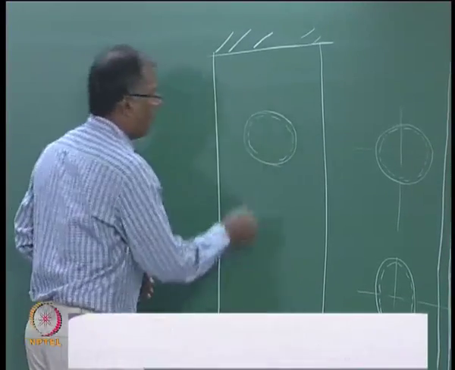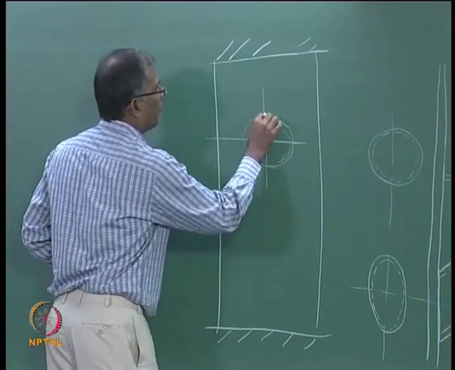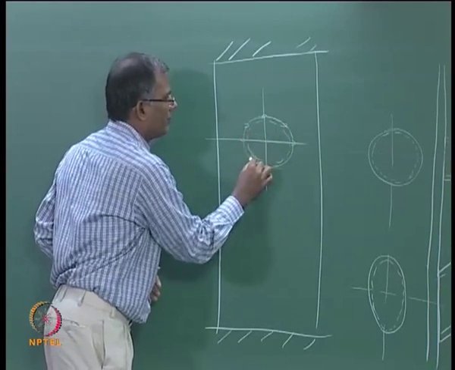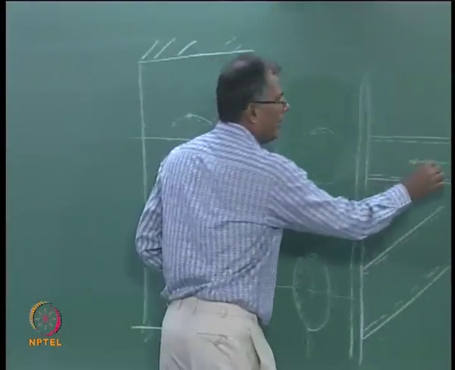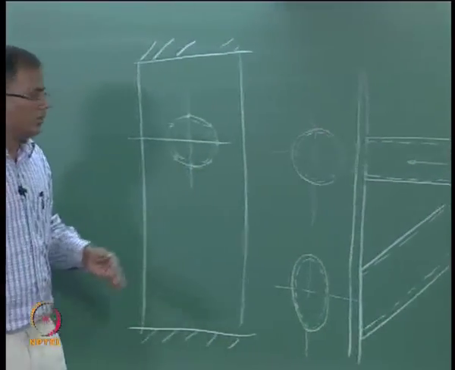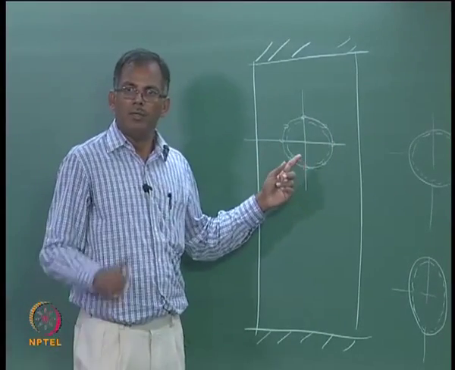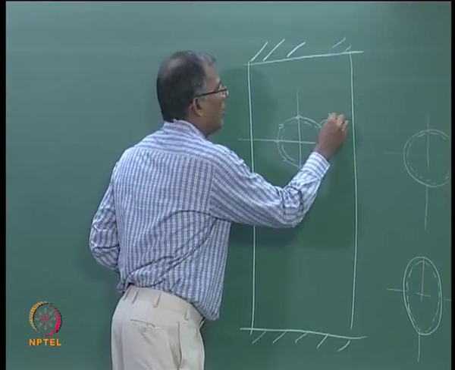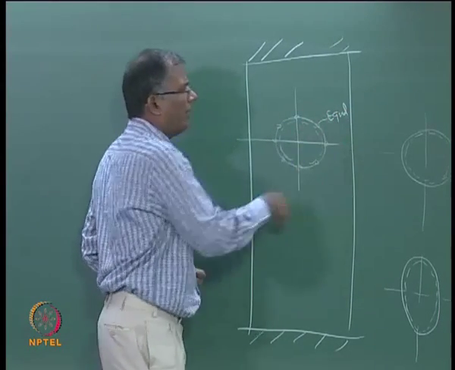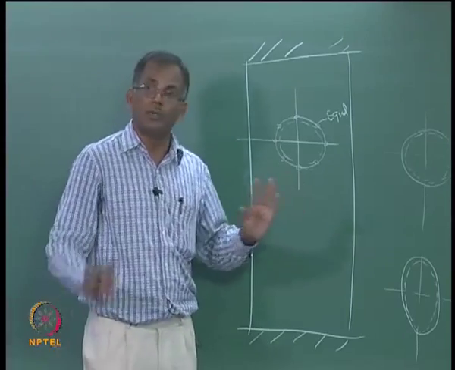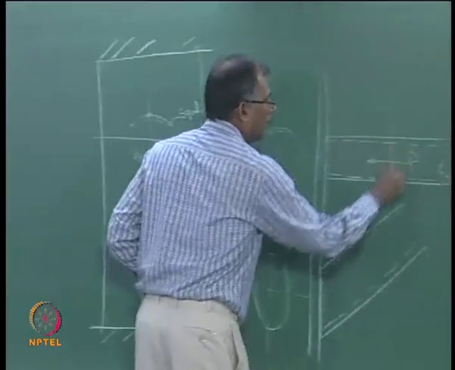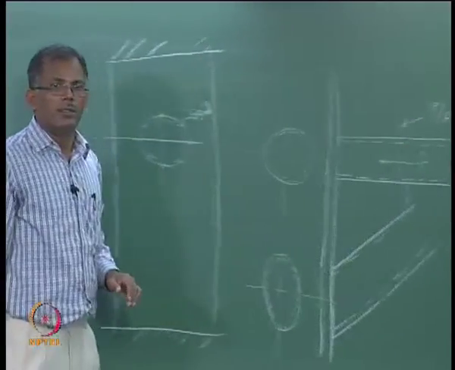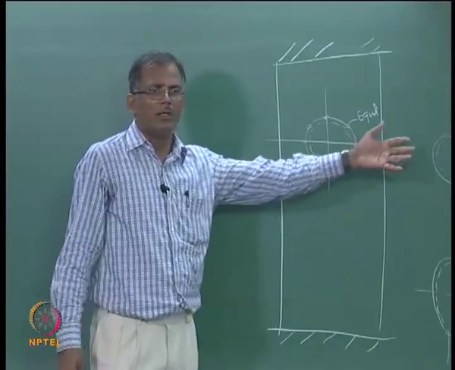If I look at the periphery of this point, 4 points or 6 points, if I apply a load of P, the stresses all around will be same or different? It will be equal, every point will get exactly the same stress, but what stress we do not know. If you cut a cross section here, the stress at this point will be, isn't it, P by A, simple axial stress calculation.